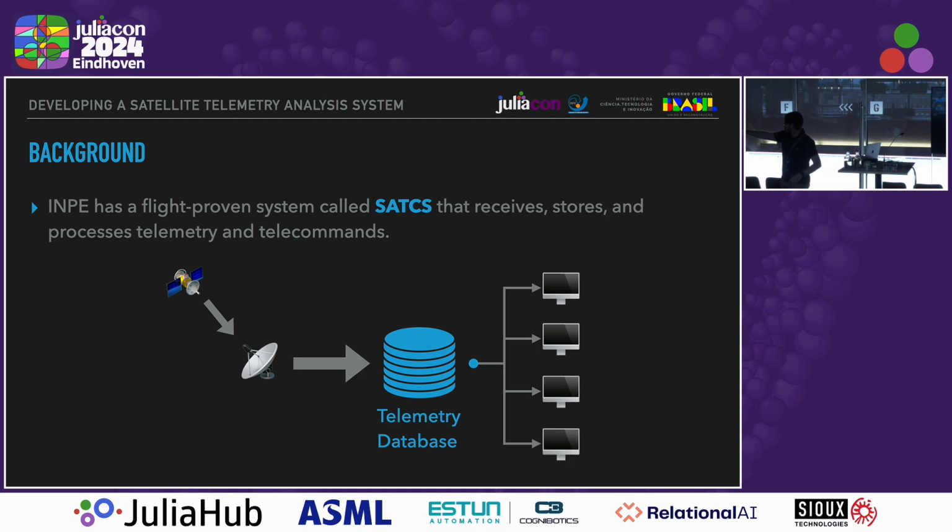The satellite passes through ground stations and sends this data using some RF. The ground station has specialized computers that take this information and decode it into a sequence of bytes. This sequence of bytes is stored in a telemetry database, which can be fetched, read, and analyzed by different specialists.